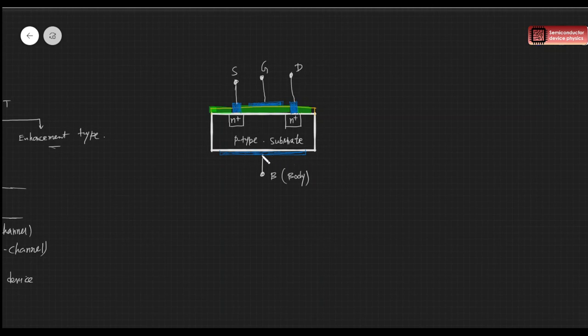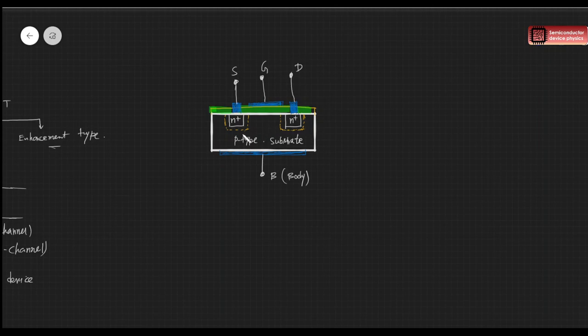Now in this diagram, as you can see, we have taken a p-type substrate, and we create this N plus region again by ion implantation. Obviously they create a p-n junction, so we'll have a depletion region around this interface. Like a p-n junction diode, we have the depletion layer.